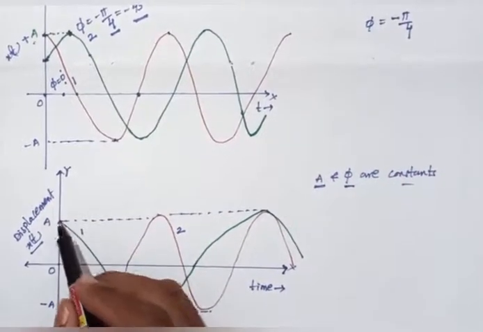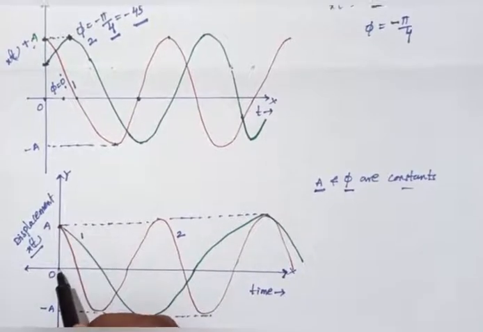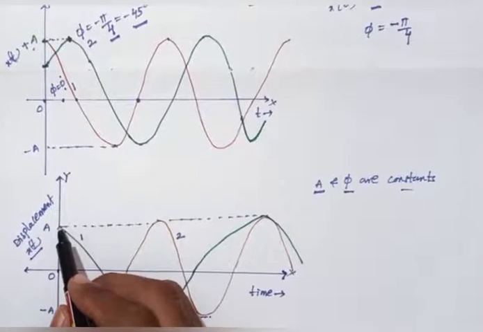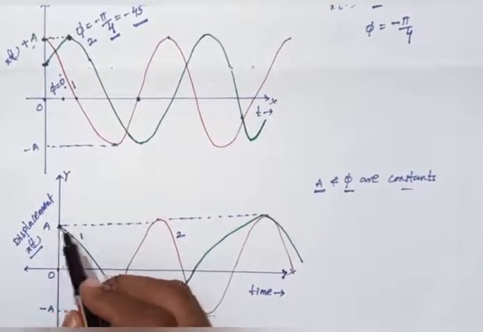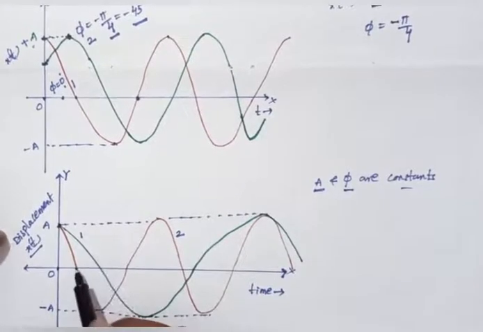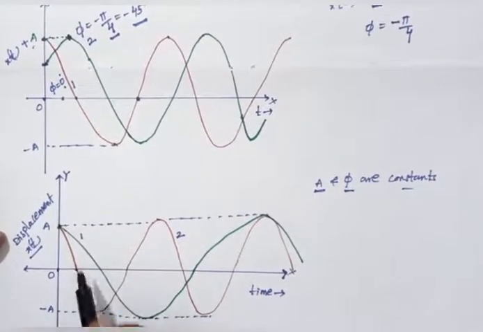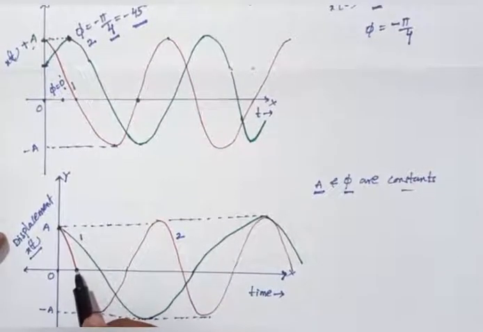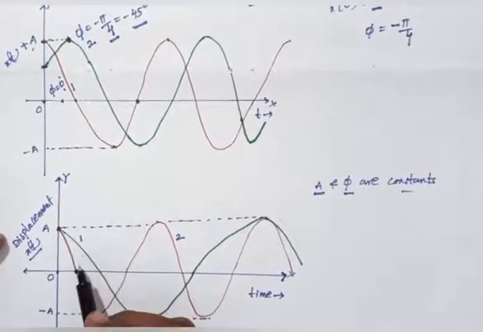So for example, at x equals 0, at t equals 0, it is maximum. But at t equals T by 4, the displacement for the first wave will be 0, but for the second wave it is not 0.